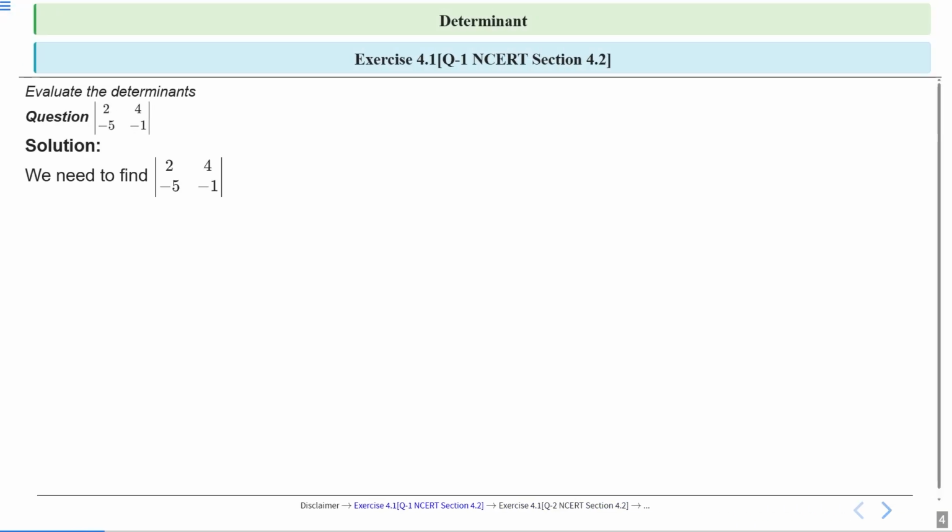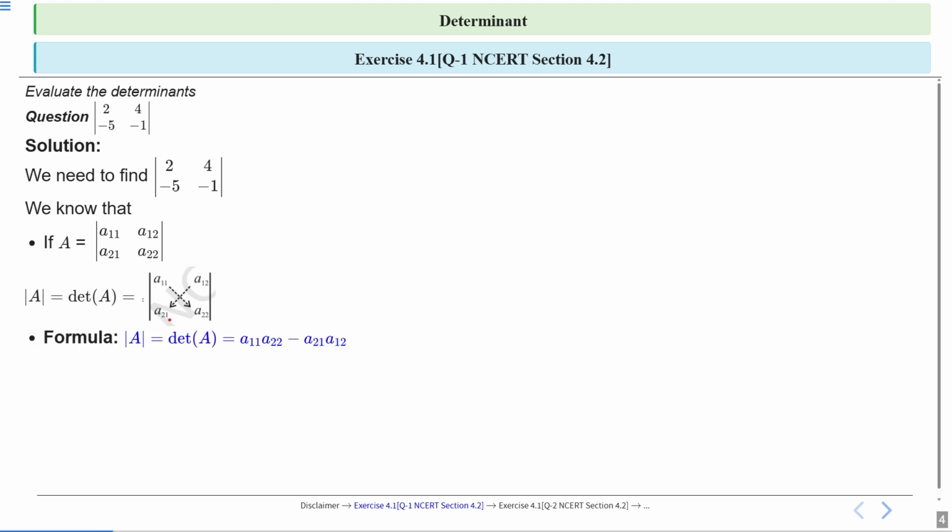So we have to find the value of the determinant of the matrix 2 cross 2, that is 2, 4, minus 5 and minus 1. As we know, if a determinant has entries a11, a12, a21, a22, then the determinant is given by multiplying its diagonal elements, that is a11 into a22, minus the product of off diagonal elements, that is a21 into a12.